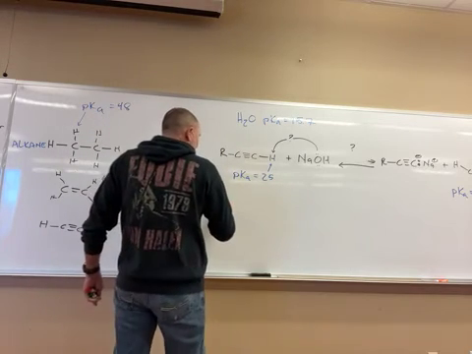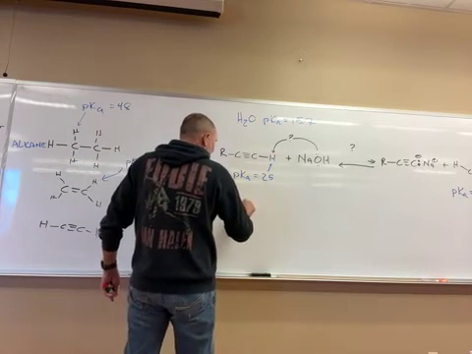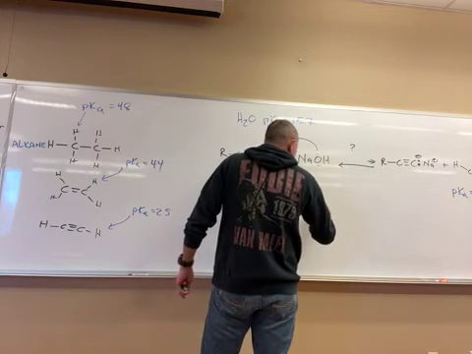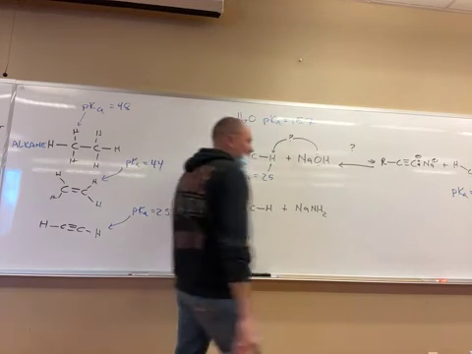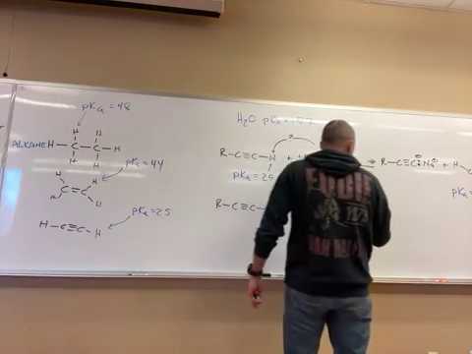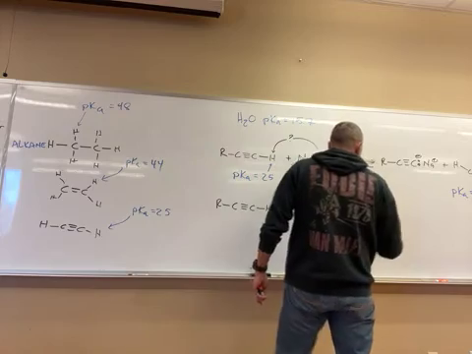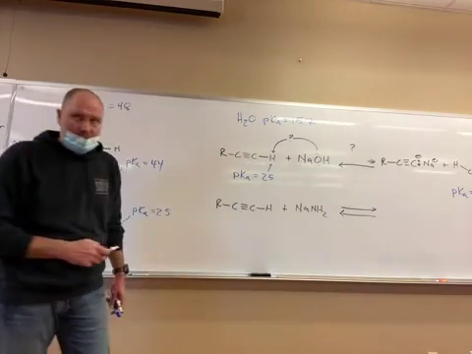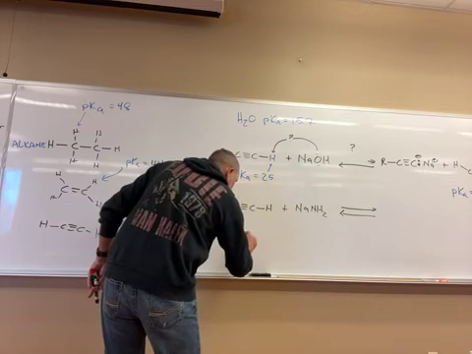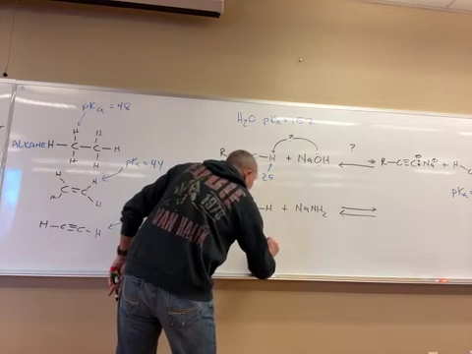What happens if I were to add this proton to something like sodium amide? Well, let me ask you, which direction would this go? And here's how you're going to assess this using pKa. You know the pKa of an alkyne is 25.